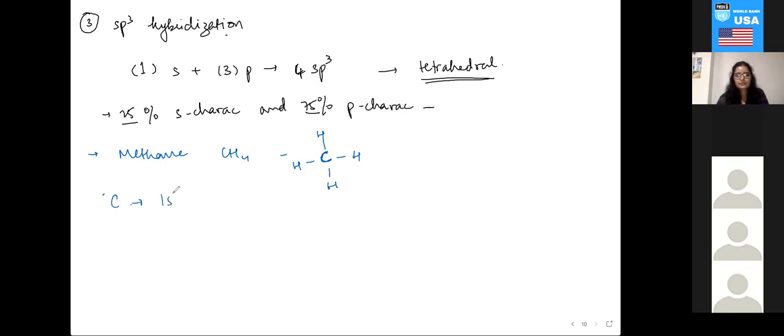So carbon has 1s2, 2s2, 2p2. Here also the promotion will take place as usual. The excited state configuration will have all 4 unpaired electrons.